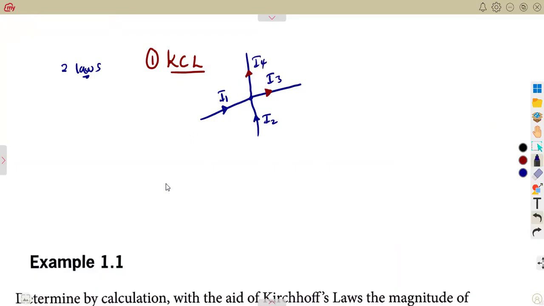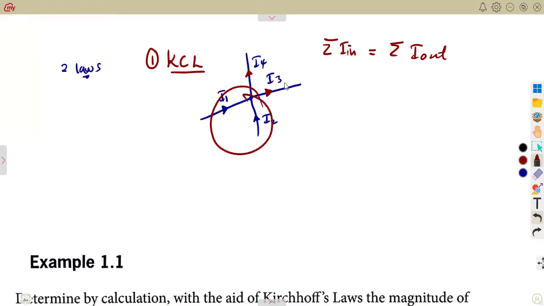The relationship is that the algebraic sum of all currents entering the junction, these ones flowing towards it, must be equal to the algebraic sum of the currents going out, leaving the same junction.